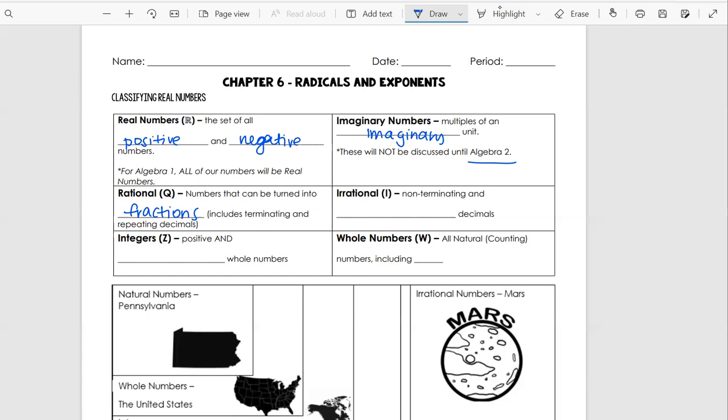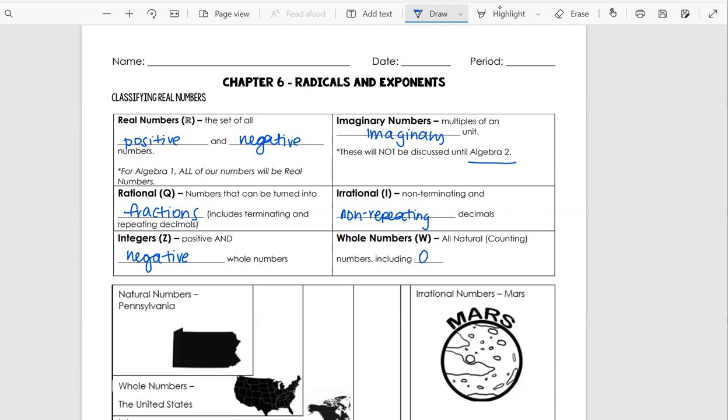Irrational are non-repeating decimals, so they're not repeating decimals. Integers are positive and negative whole numbers. And whole numbers are all natural numbers, which are our counting numbers, including 0.